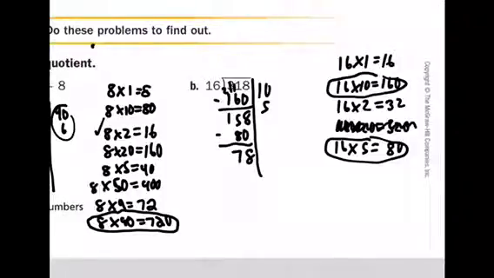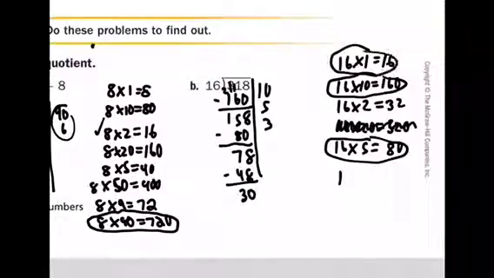I'm down to 78. So 5 is too big. So looking here, I know 16 times 2 is 32, but you know what I also know? I know 16 times 3 is 48. So if I subtract, I'm down to 30. And 16 can only go one time into that. So it's going to go once, which is 16. Subtract. I'm down to 14.